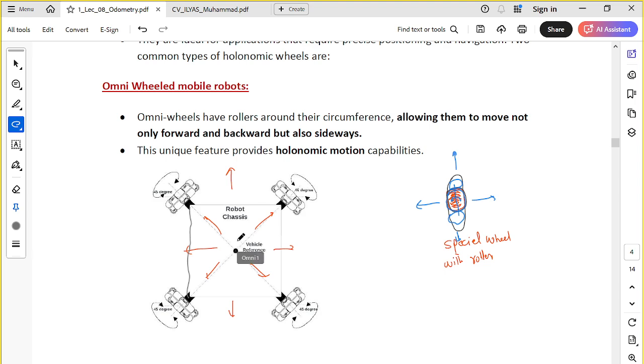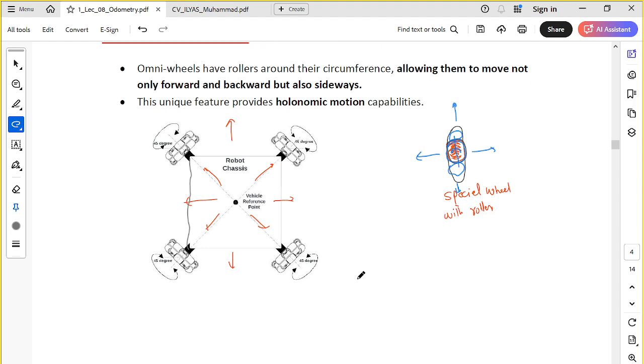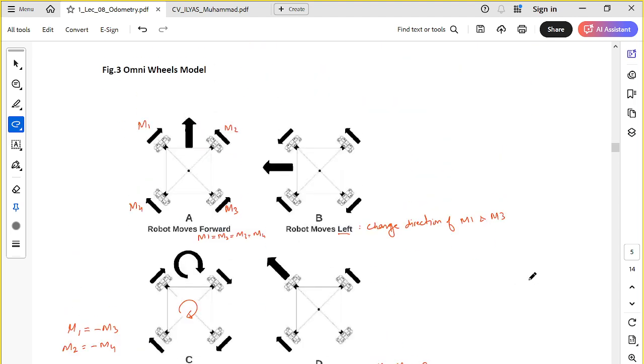If they attach these special roller wheels in this configuration, how can they move forward, backward, left, right, and in any direction? So, every wheel has one motor attached to it, of course, because we have to move this wheel. Let's call them M1, M2, M3, M4.